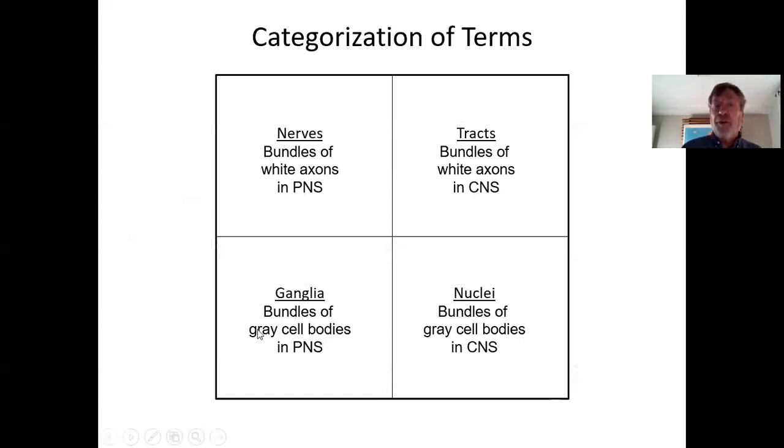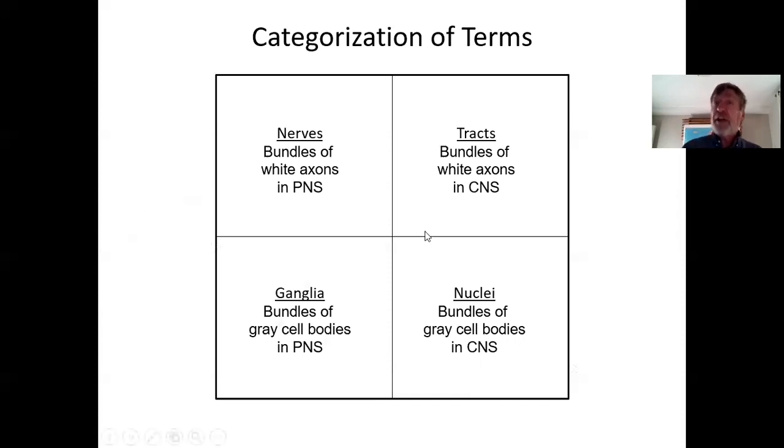Now you've got bundles of gray cell bodies, ganglia, spiral ganglia in the cochlea. And in the brain stem, because now you're in the central nervous system, bundles of cell bodies of neurons are called nuclei. So you've got several pairs of nuclei in the brain stem.